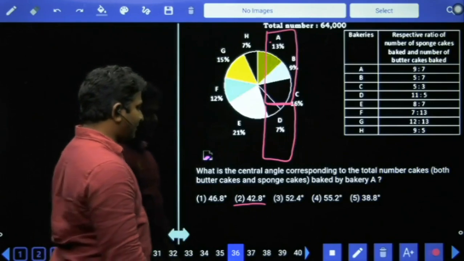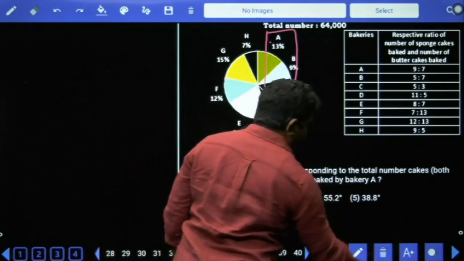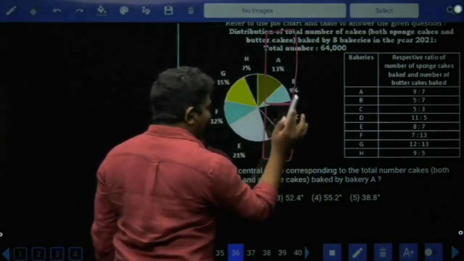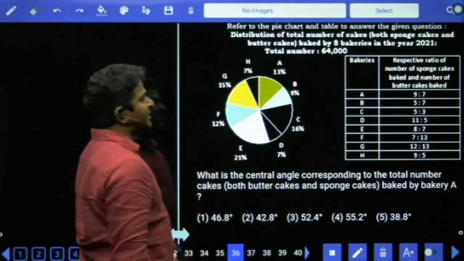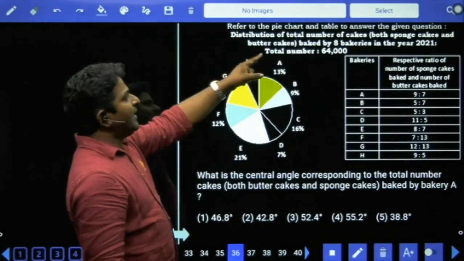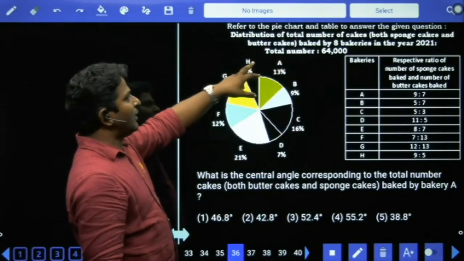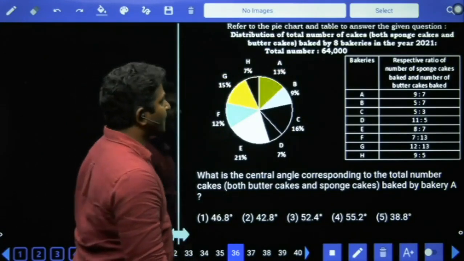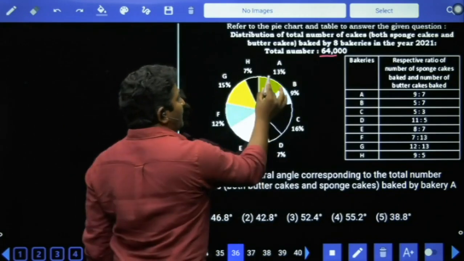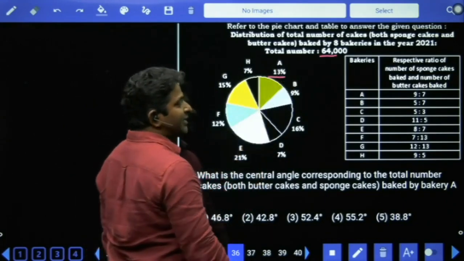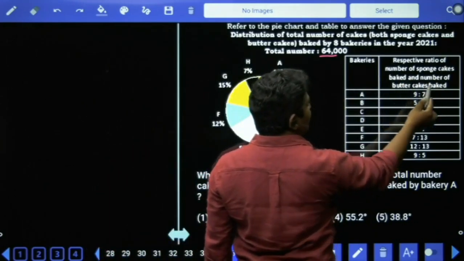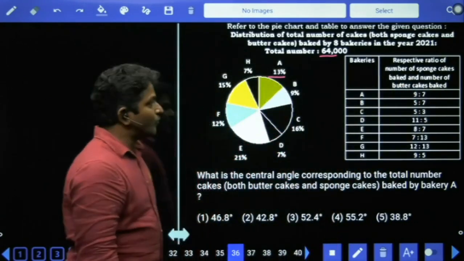So now from 36 onwards, we have two images. Look at the data first. What is this about? Distribution of total number of cakes baked by 8 bakeries in 2021. Total number 64,000. So 1% is equal to 640. Bakery A made 13%, out of which respective ratio between sponge cakes and butter cakes is 9:7.